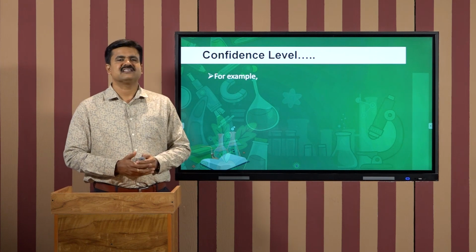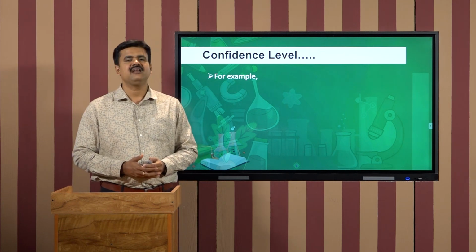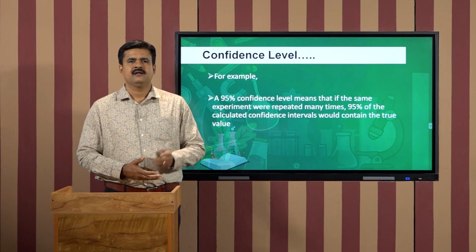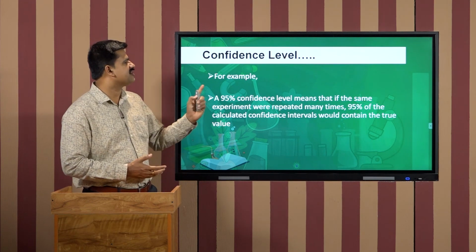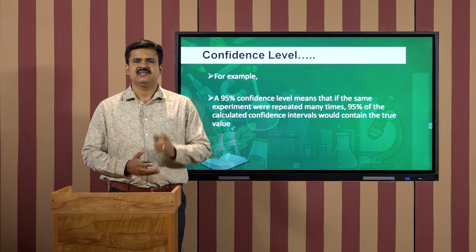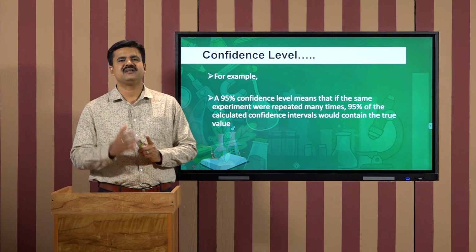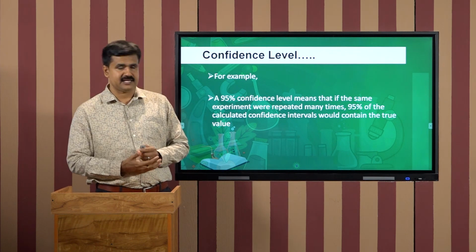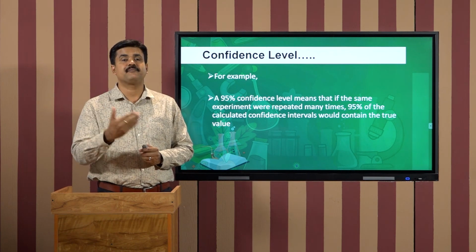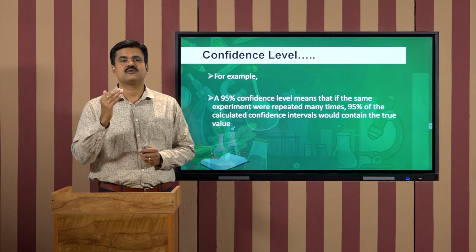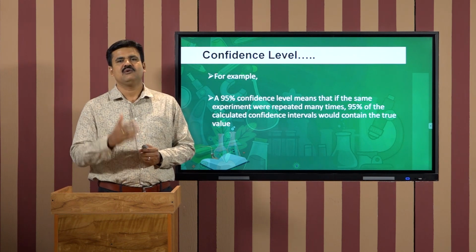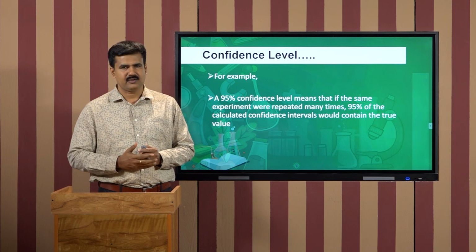We are now illustrating the concept of confidence level with a small example. A 95% confidence level means that if the same experiment were repeated many times, 95% of the calculated confidence intervals would contain the true value.